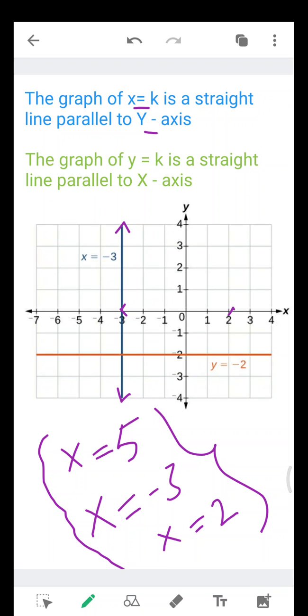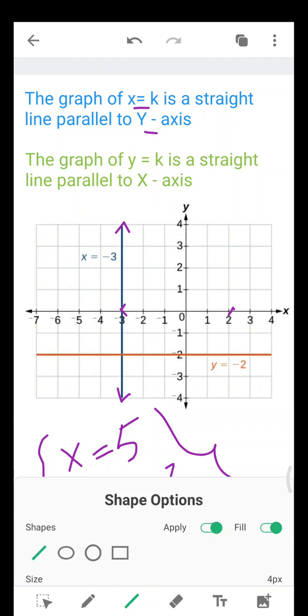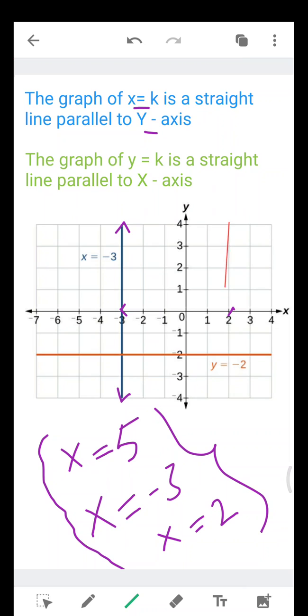From there I'll draw a line parallel to the y-axis. A parallel line will come, that's all. This is the graph. You can extend the line, better you extend it because it's a line. This is the graph of x equals 2.